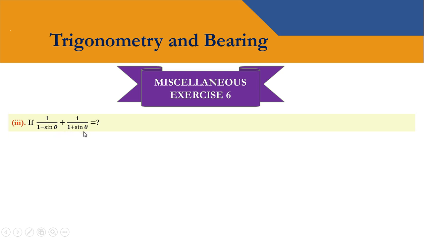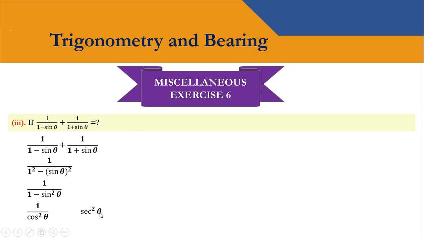So multiplying the denominator values, we will get a square minus b square, which is 1 over 1 minus sine square theta. We know that 1 minus sine square theta is equal to cos square theta, and 1 over cos theta is equal to secant theta. Because it is a squared value, it will be equal to secant square theta. So option C is the correct option.